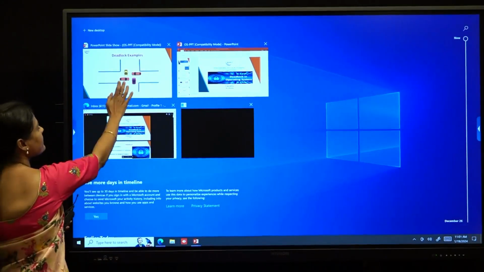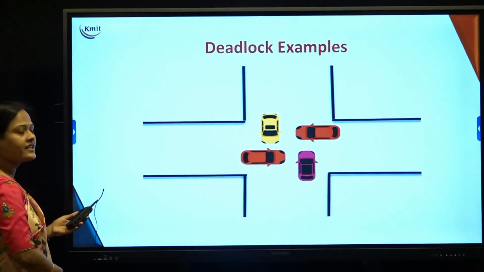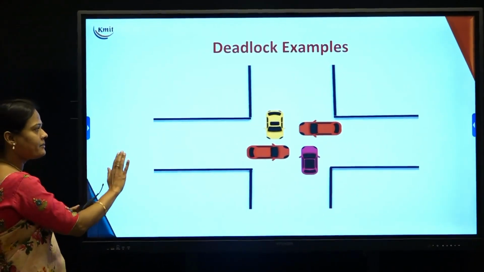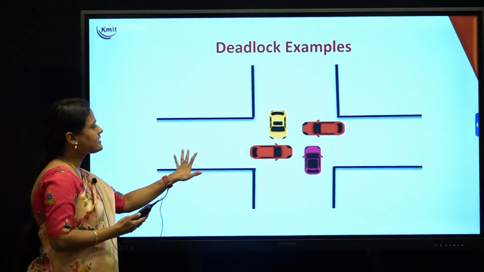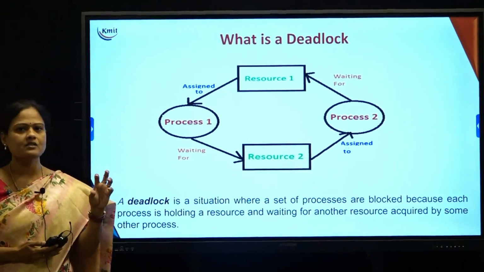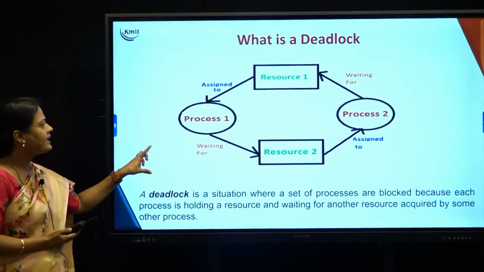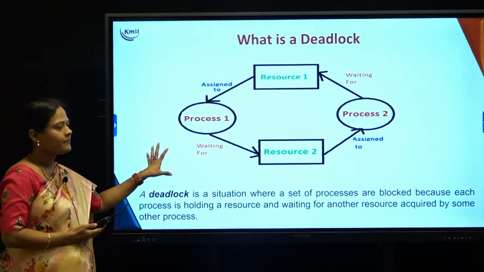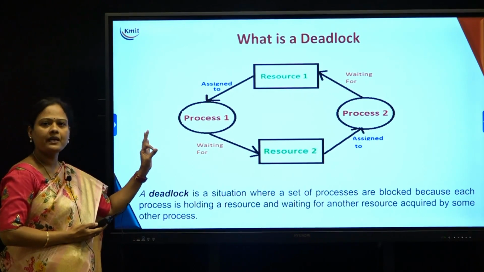So these are some real-time examples where we encounter a deadlock. Ultimately, from these examples we can understand that a deadlock is where a process holds a resource and in turn waits for another resource, and none of the processes are able to continue their execution.